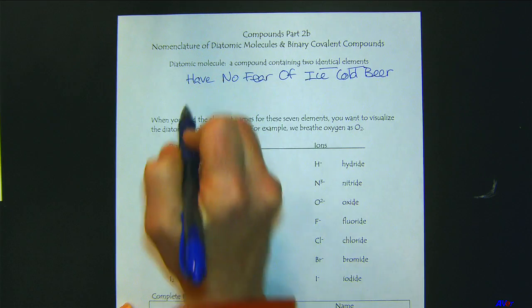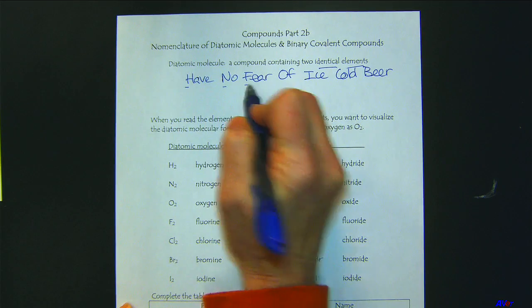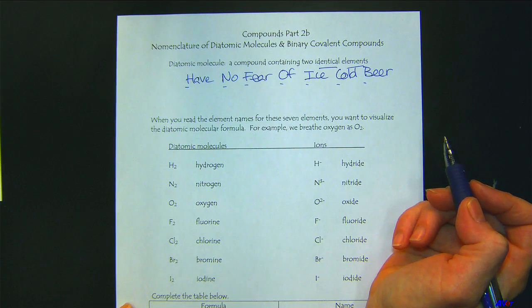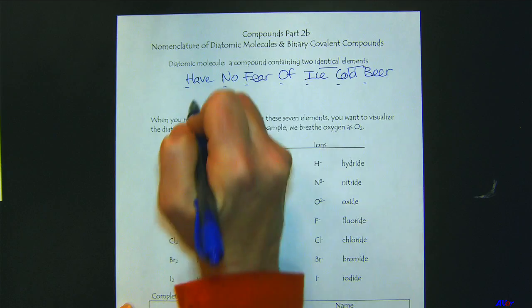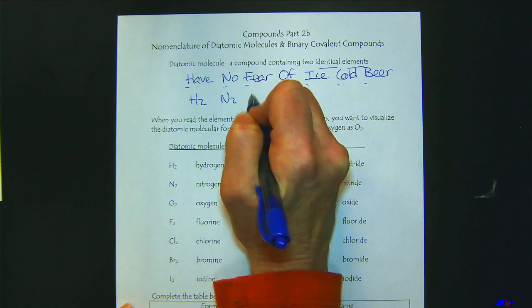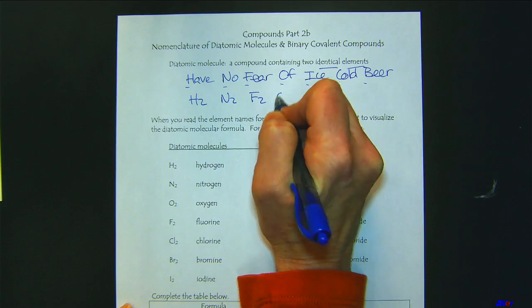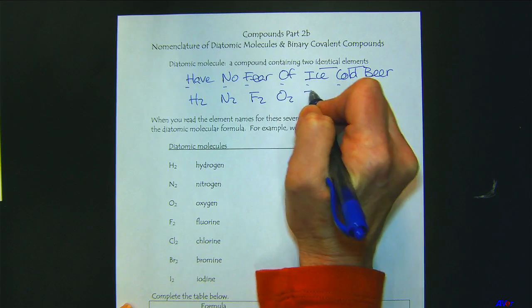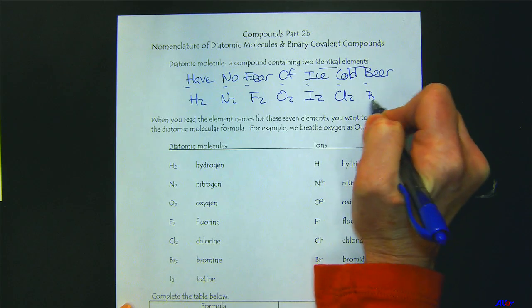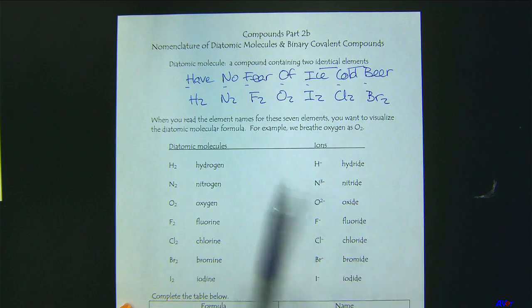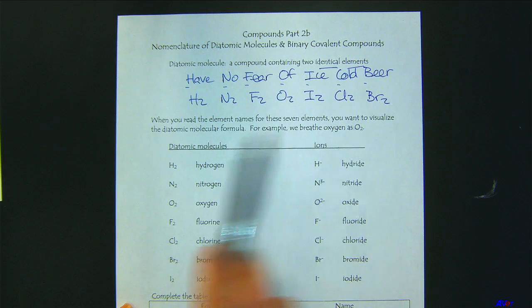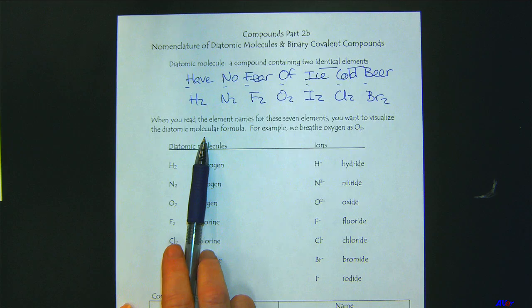Well, if we look at the first letter of our phrase, it will let us know which elements exist as diatomic molecules: hydrogen, nitrogen, fluorine, oxygen, iodine, chlorine, and bromine. So whenever you read these element names, you need to visualize the diatomic molecular formula.